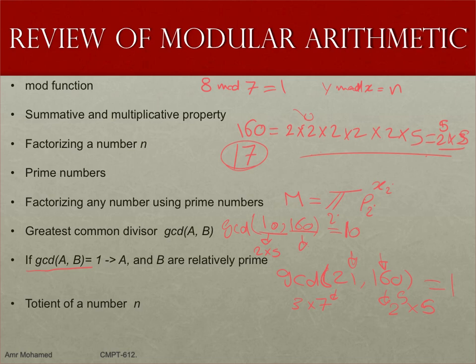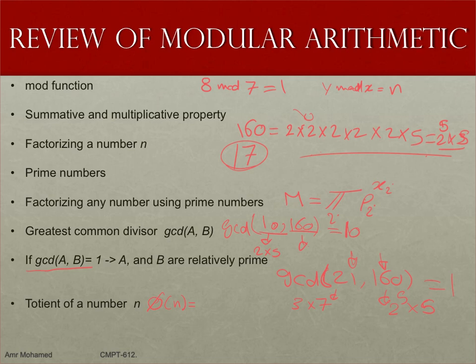So far so good? Okay. This is the last one, but it's the most important one. What is the totient of a number? A totient of a number, we refer to it as phi of n.